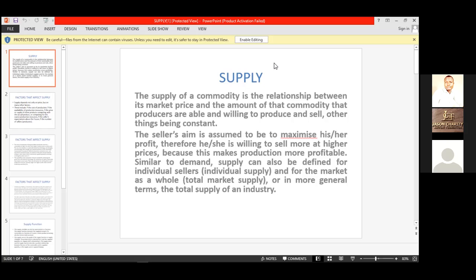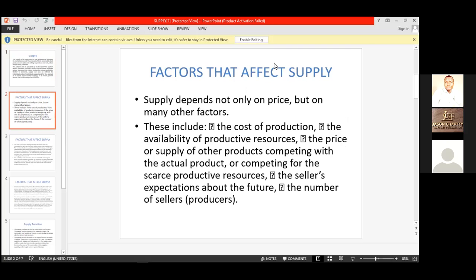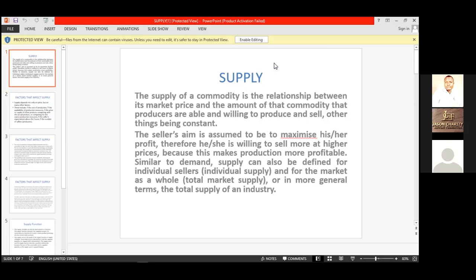Now we can define supply from two perspectives: looking at it from individual supply and looking at it from the market supply. If we are talking about individual supply, we are talking about the quantity of goods that Mr. A is able and willing to produce at a certain price.